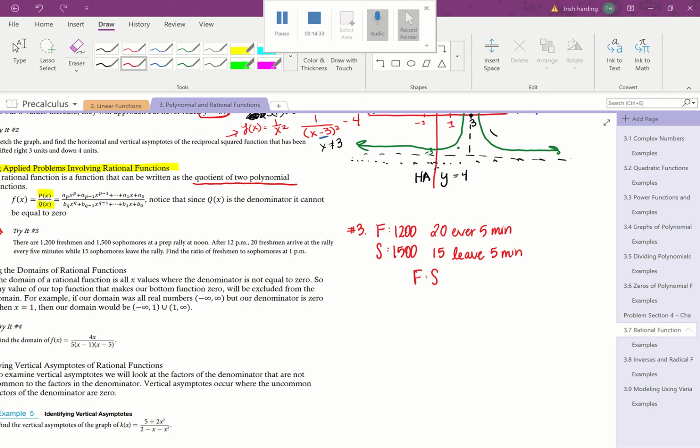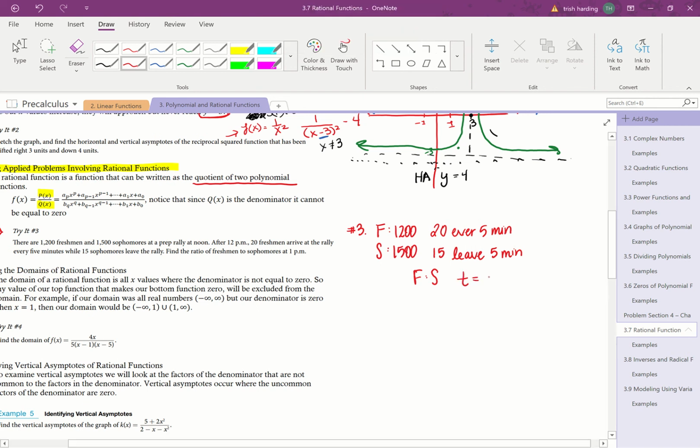So if it's 20 every 5 minutes, and this is 15 every 5 minutes, then I'm going to say that t is equal to 5-minute increments. So when t equals 1, that's 5 minutes. When t equals 2, that's 10 minutes, and so forth. And that's how I'm going to reason with this.